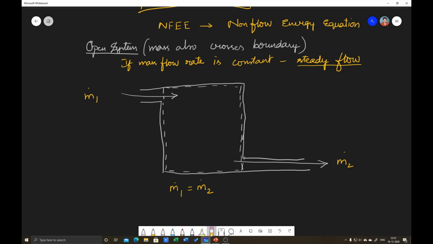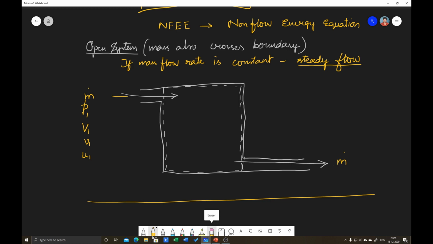So here we'll take it as m dot here, and also m dot here. Here the pressure is P1, velocity is V, where capital V is velocity and small v is specific volume, and specific internal energy is u1.